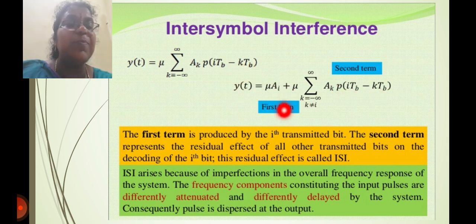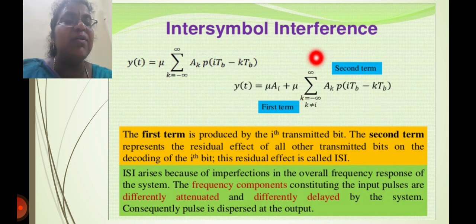The first term represents the ith transmitted bit, and the second term represents the residual effect of all other transmitted bits on decoding the ith bit. What is desirable is only the first term, but because of intersymbol interference, the second term will also accompany the receiver output.